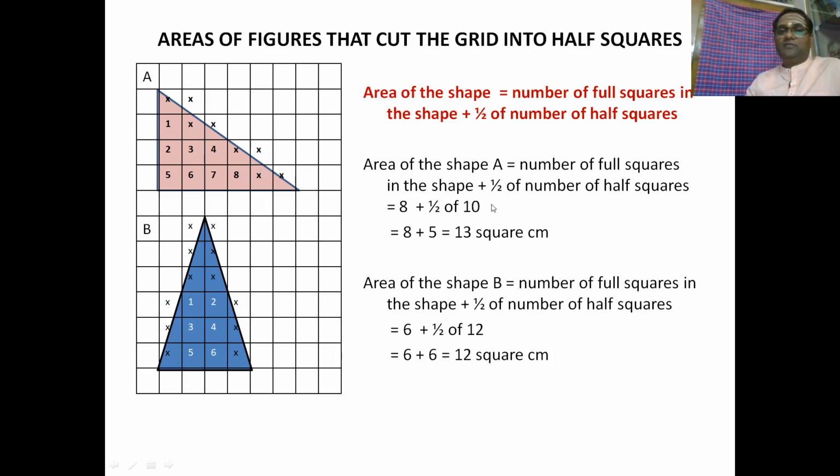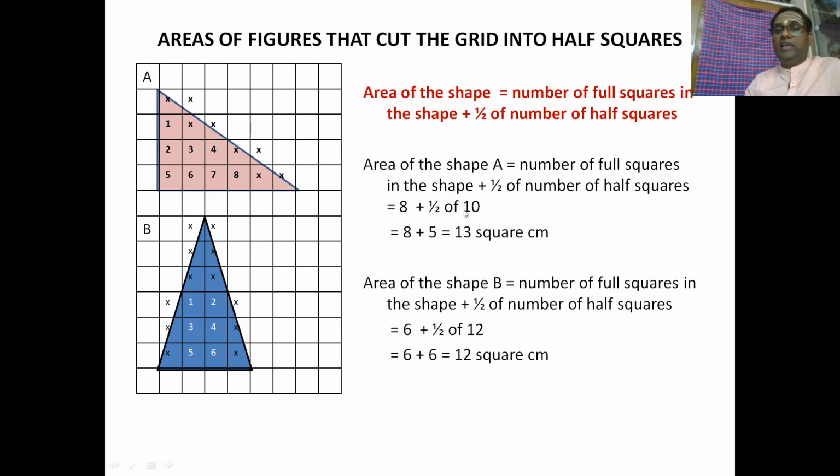So area of shape A will become number of full squares in the shape plus half the number of half squares. When I count the half squares, there are 8 half squares. So half of 8 is 4. So 8 plus 4 making 12 square centimeter. So there is a mistake here, you can rectify.